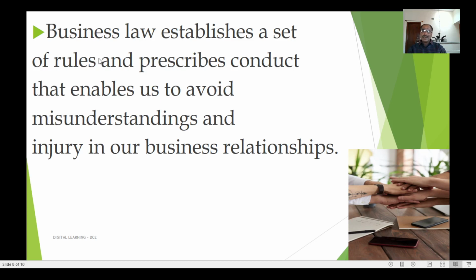Therefore, he should have the knowledge about all the fields of the different acts, such as the Indian Contract Act. Not only that, if he is doing international business, that is, global business, he should have the knowledge about the Foreign Exchange Management Act and also other acts.